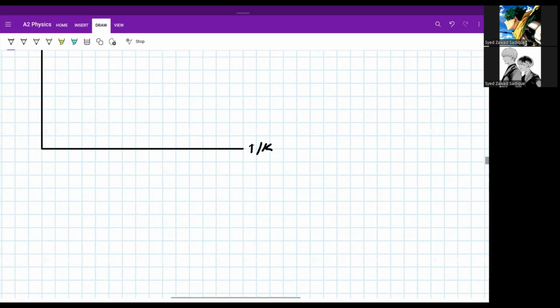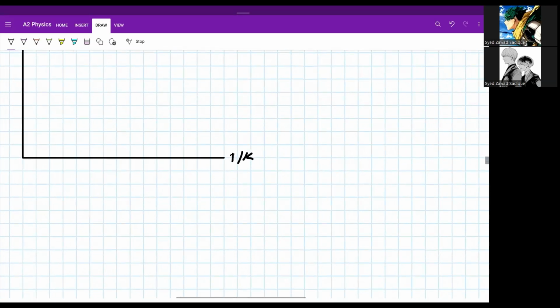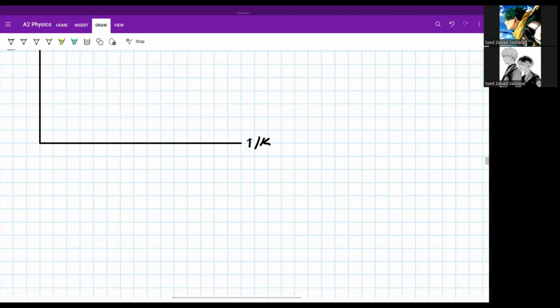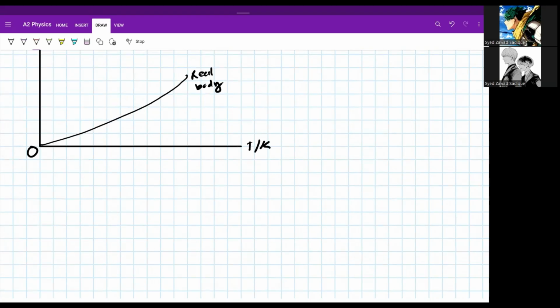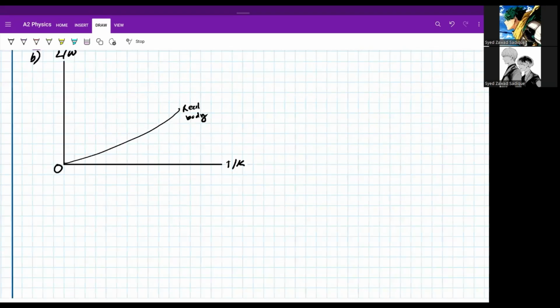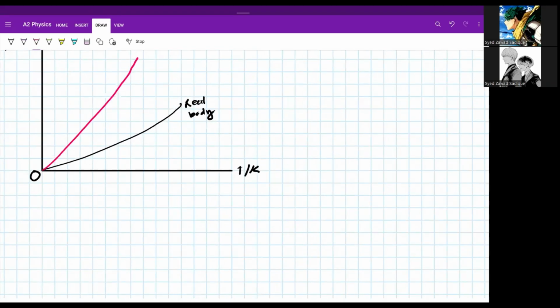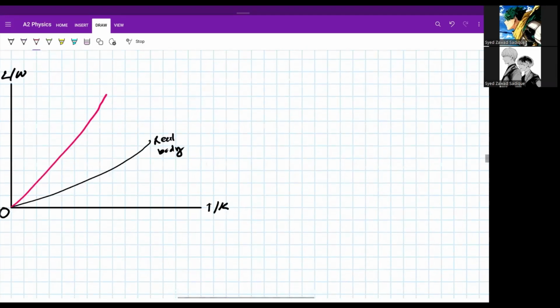This is 0. This is a real body, and this is the graph of a black body.